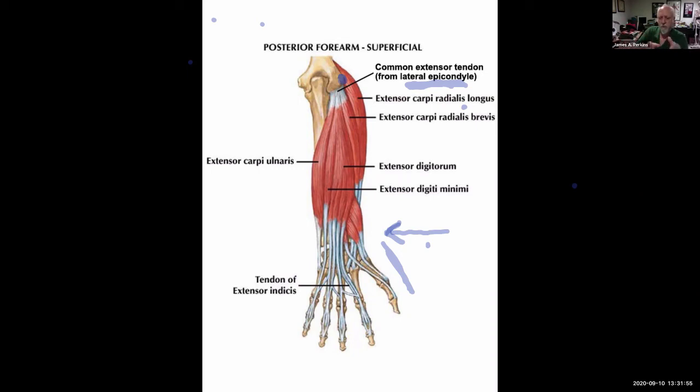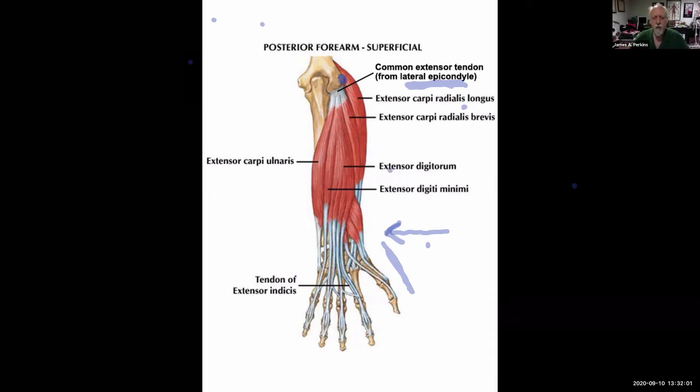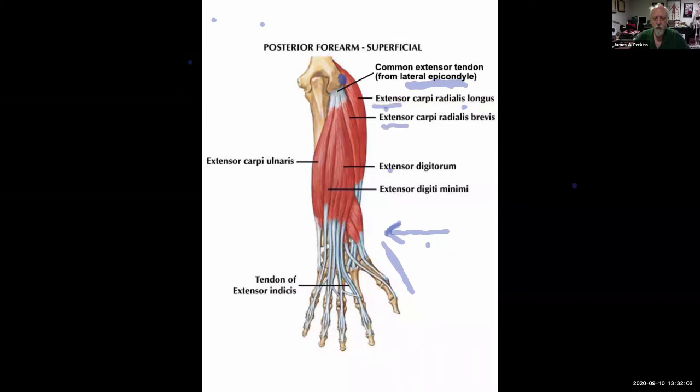So these are the first muscles that you really get a glimpse of as you look at the posterior aspect of the forearm. And it starts with two muscles called extensor carpi radialis muscles. So these are extensors. They extend something of the hand, carpi.